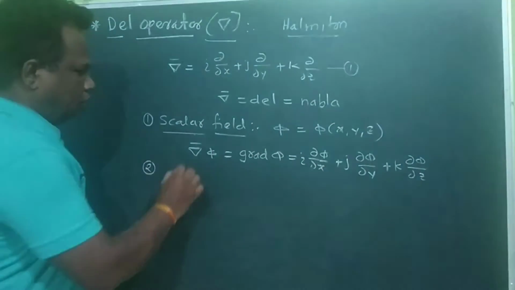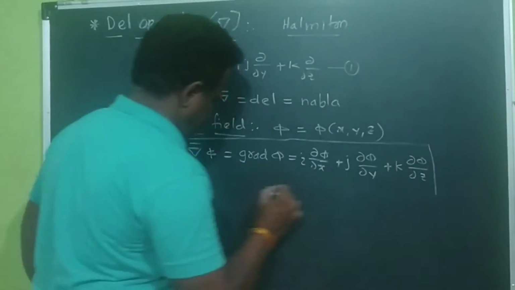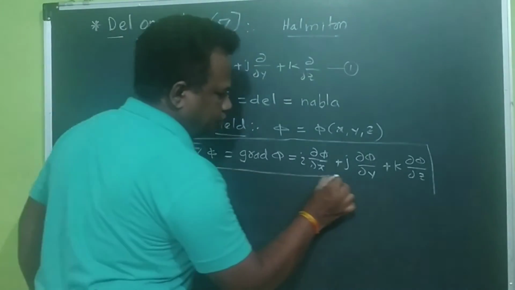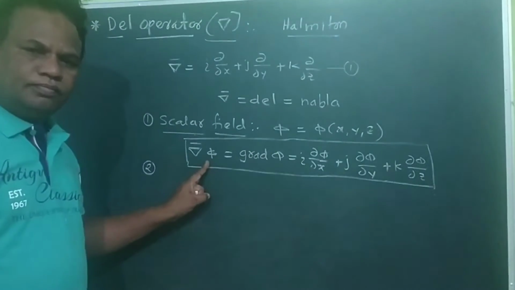So when del is operated on a scalar field, you get del phi.